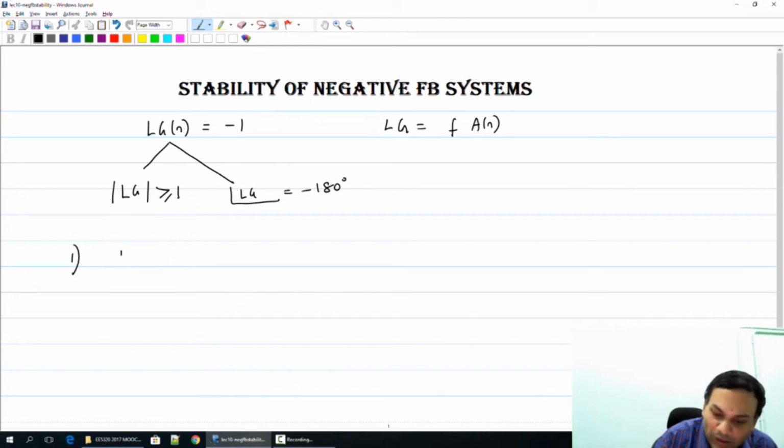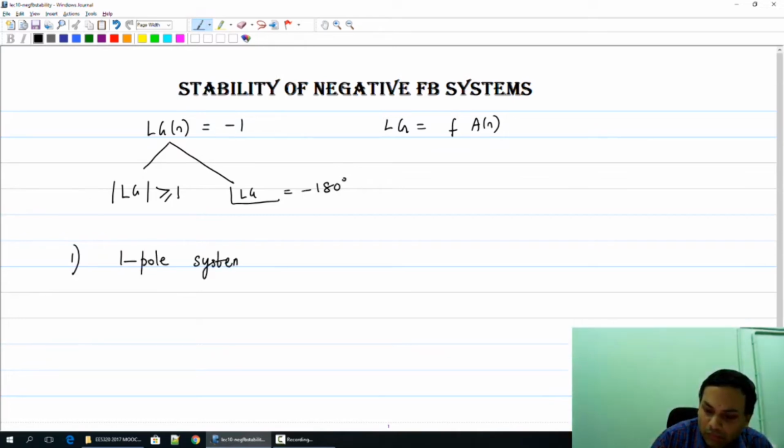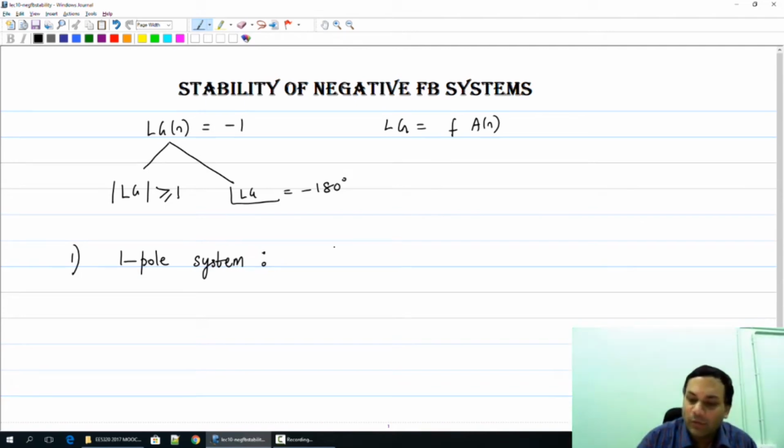So let us start off with a 1 pole system. In other words, A of S is A naught by 1 plus S by omega p.